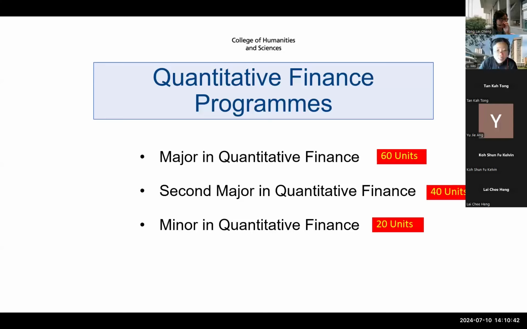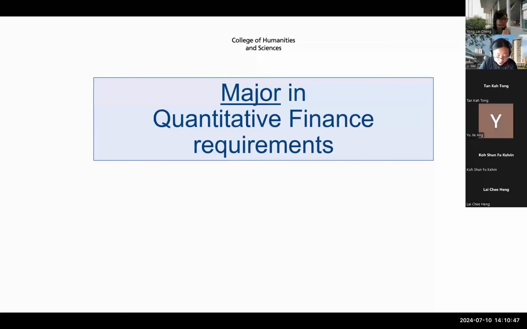Now let's look at the details of the curriculum. Let's start with the major in QF and review the courses required to satisfy the graduation requirements for the major. As with all other NUS courses, the courses are organized at different levels: level 1,000, 2,000, 3,000, and 4,000.